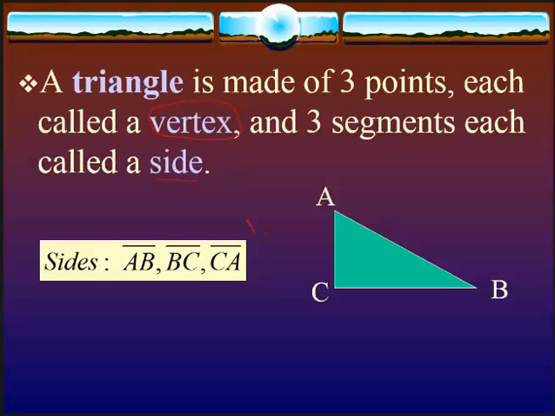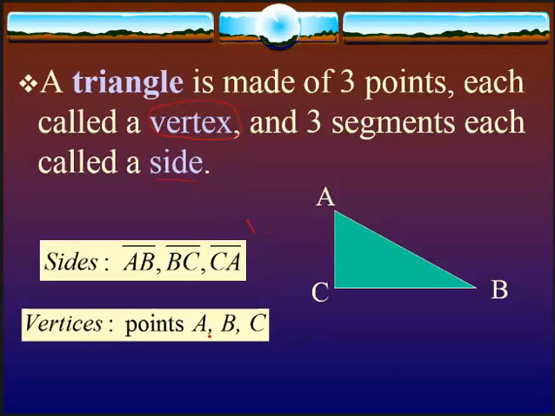Okay, so sides AB, BC, and CA. And then our vertices, vertices is the plural for vertex. Our vertices are points A, B, and C. Know those words, be able to identify those parts of a triangle.